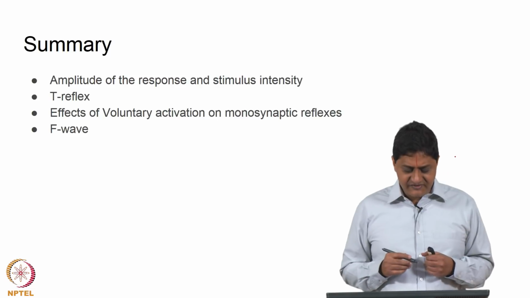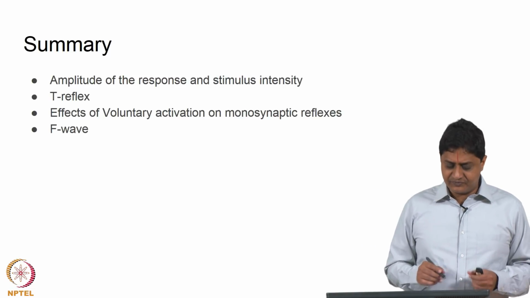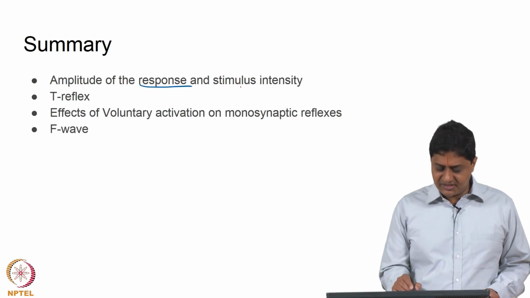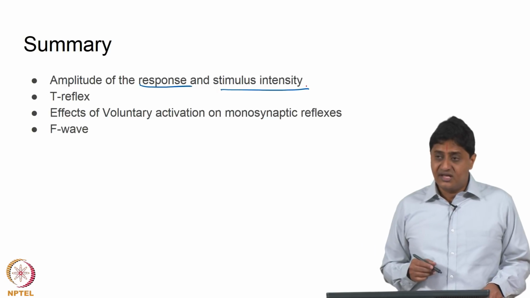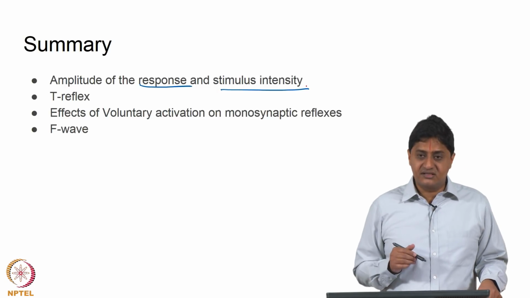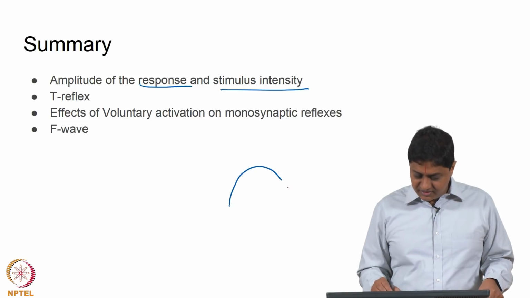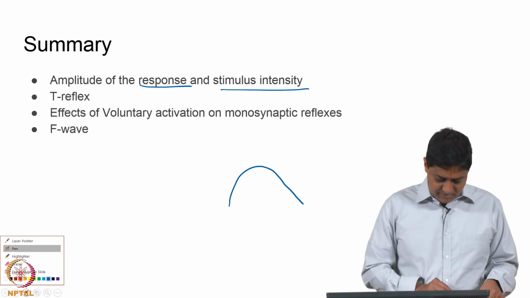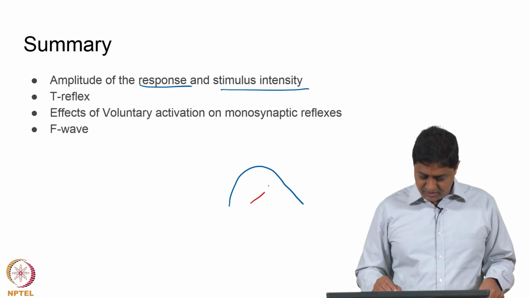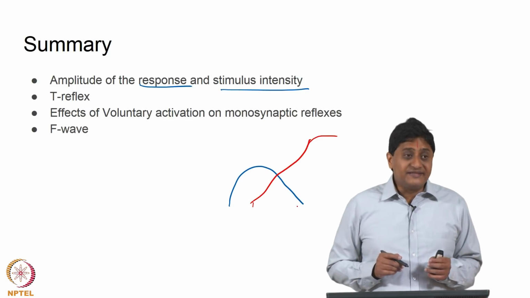So, in summary, what we have seen is the relationship between the amplitude of the response and the amplitude of the stimulus. If I increase the stimulus amplitude, the H reflex shows that kind of a non-monotonic response, whereas the M response shows that kind of a monotonic response. And we saw why this happens.